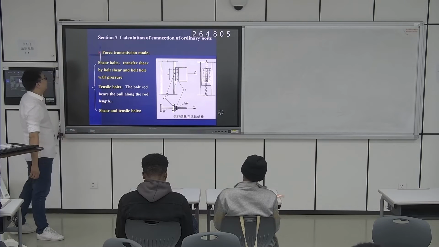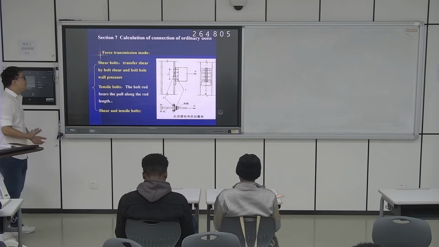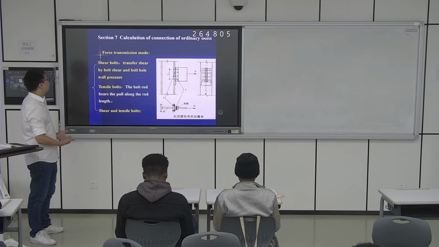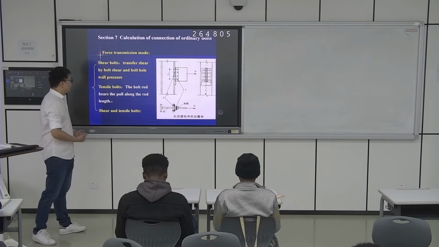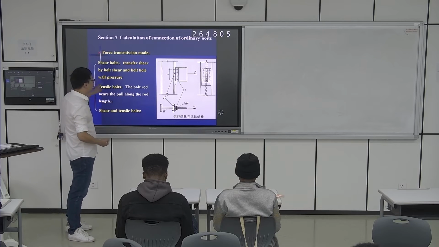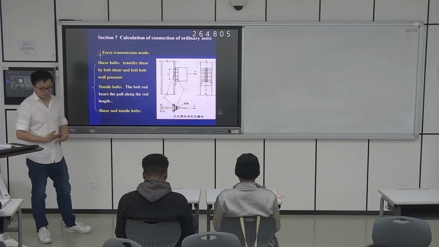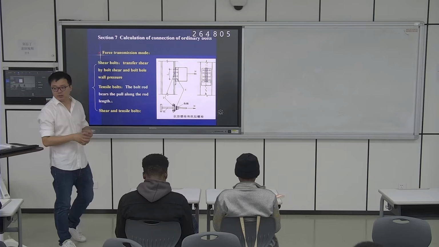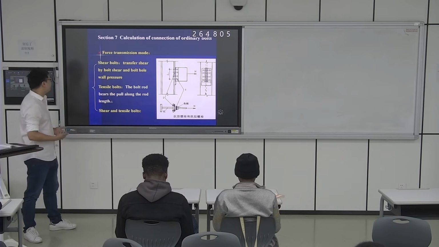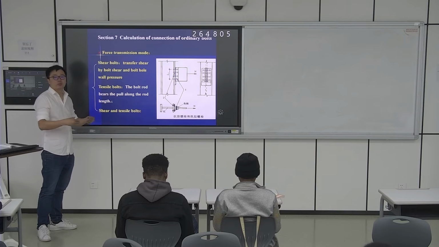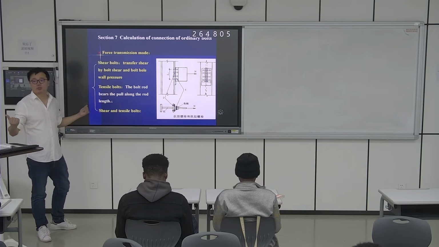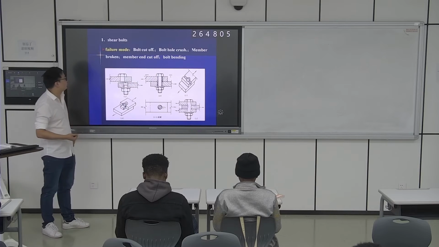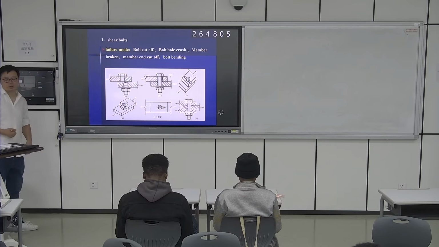So for shearing bolts, normally the shear is transferred by bolt shear and shear stress and the hole wall pressure. For shearing bolts, the shearing strength should be enough to bear the applied shearing stress, right? And for tension bolts, the tension strength should be enough to bear the tension stress, right? This is the principle for the design of the bolt.